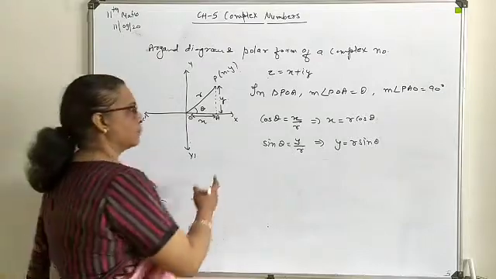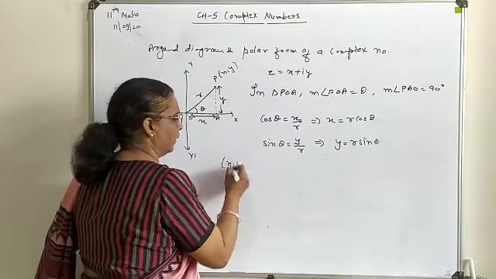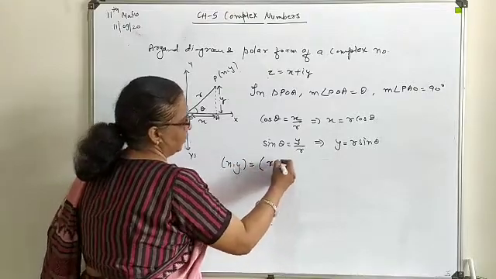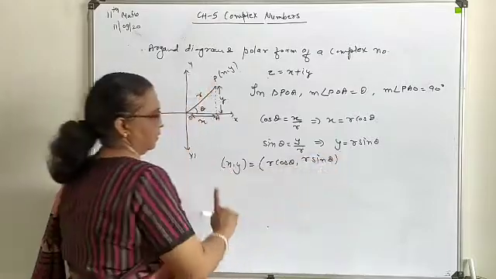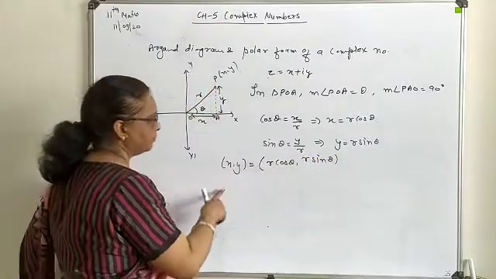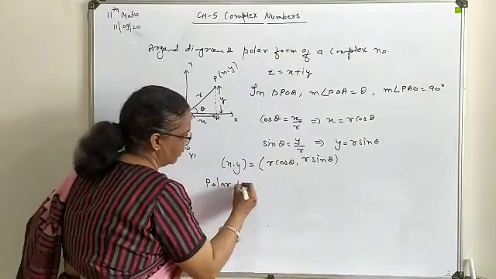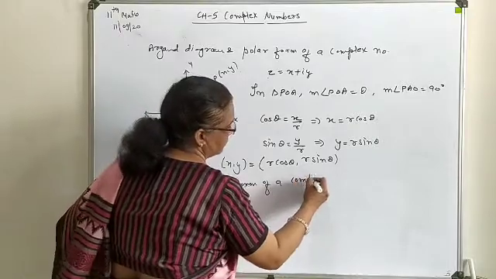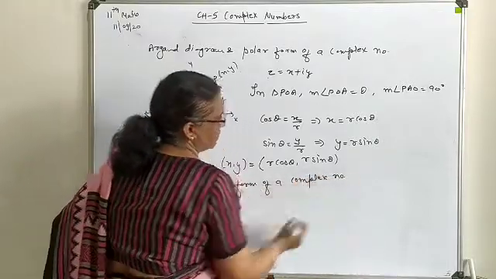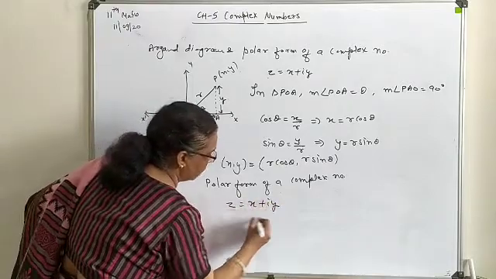So here, x comma y you can write as r cos of theta and r sin of theta. Second thing, this is the polar form of a complex number, meaning z is equal to x plus iota y.